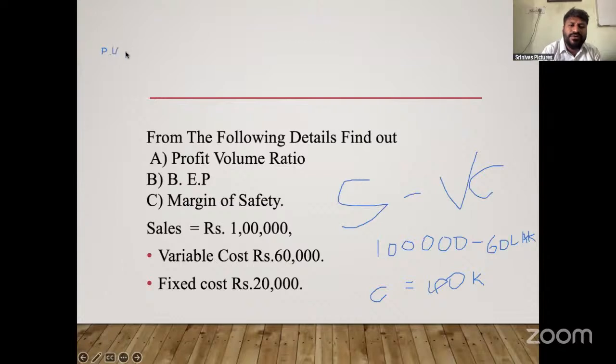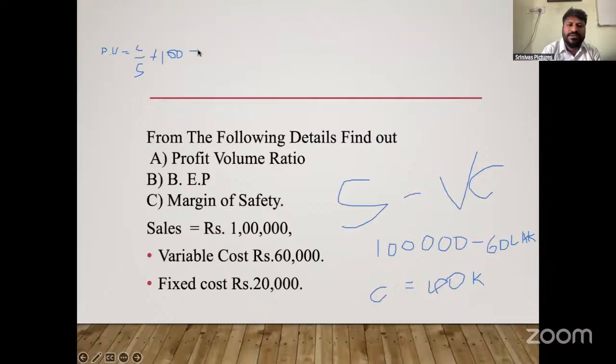Now after contribution, PV ratio is equal to contribution divided by sales into 100.